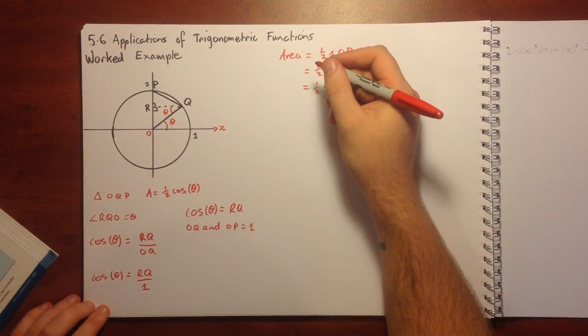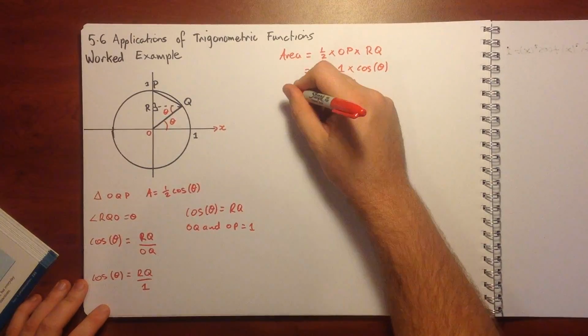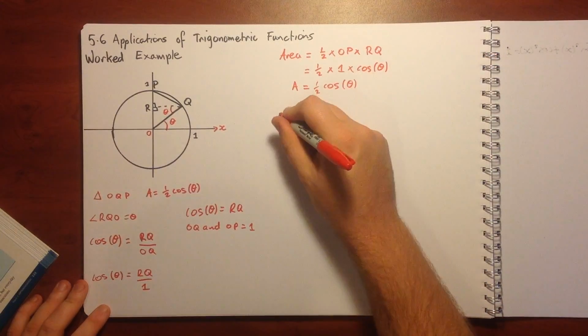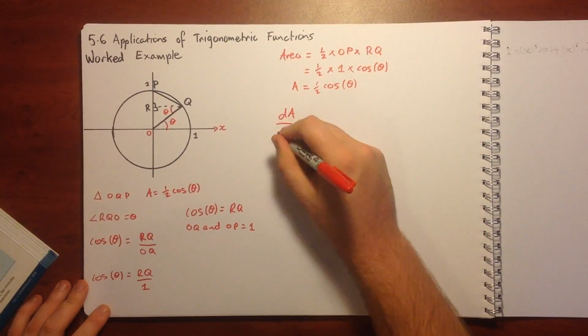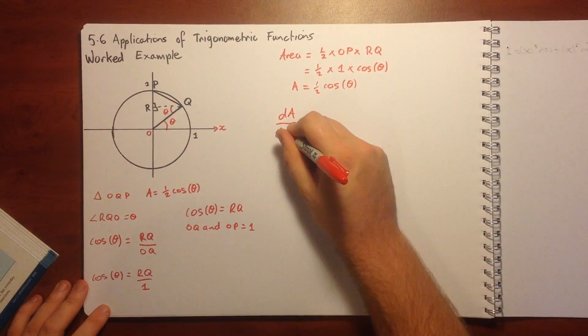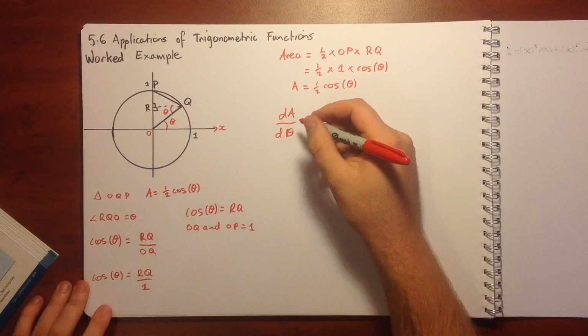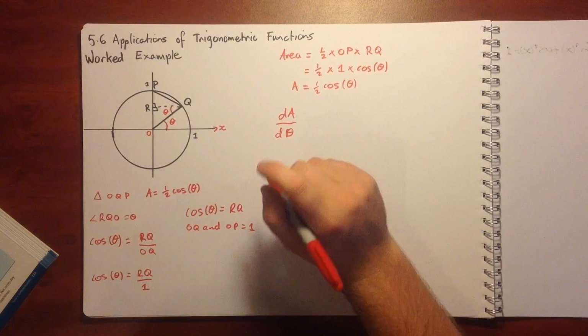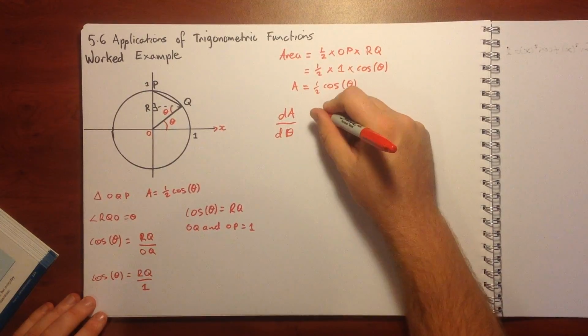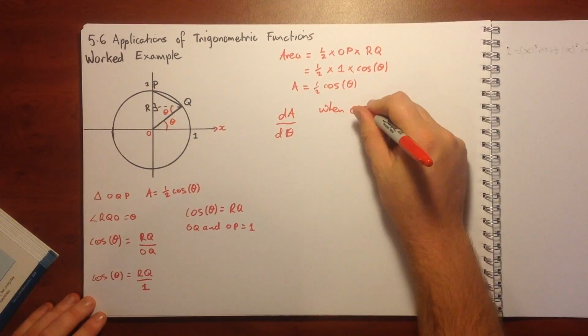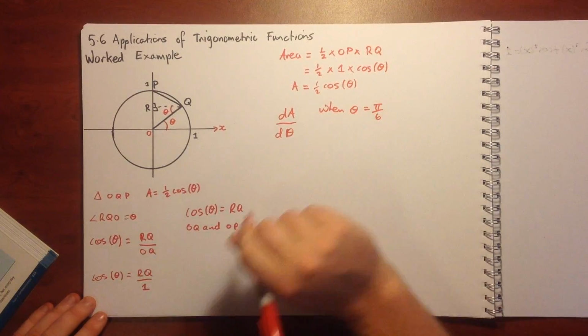So we're saying that's A for our area, and in part B we want to find dA d theta, the rate at which the area is changing with respect to theta when theta equals pi on 6.